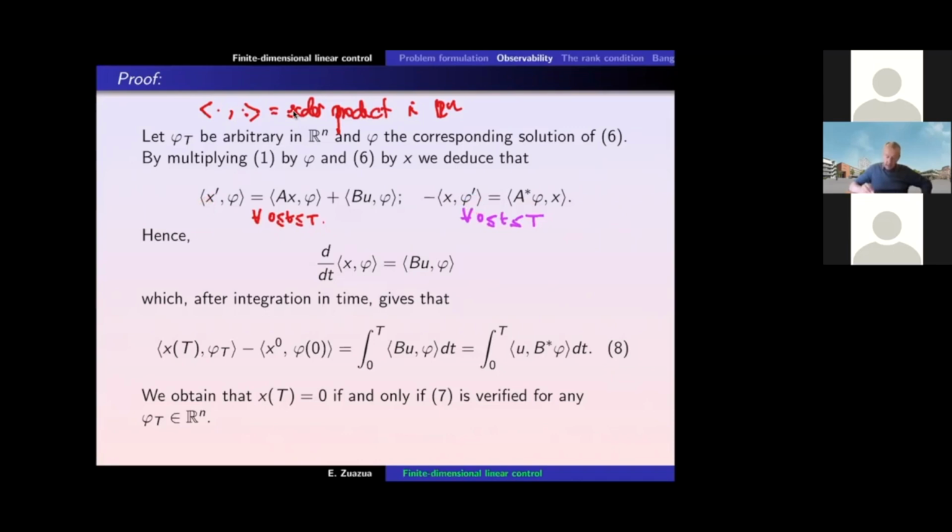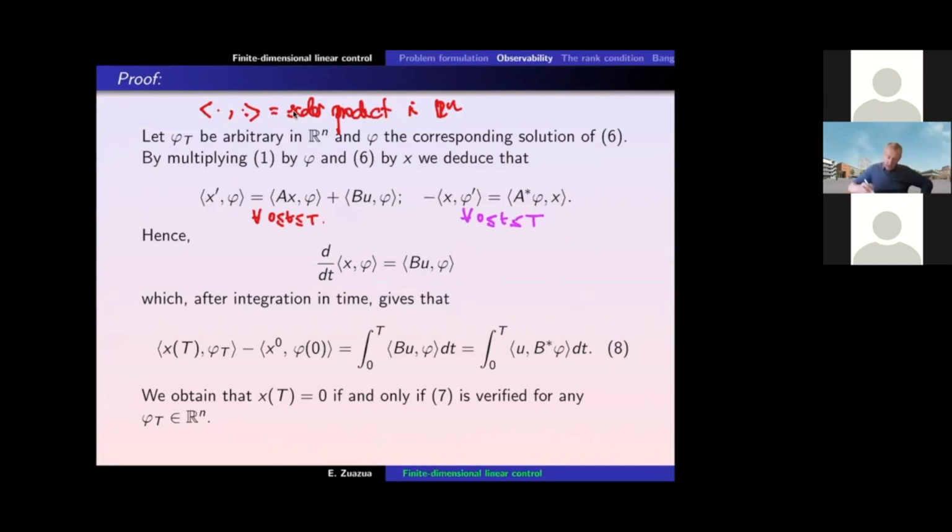This is the time derivative of x phi. But you see, A star is the adjoint of A, therefore Ax phi is the same as A star phi x. So this goes away, and the only thing I get is Bu phi.